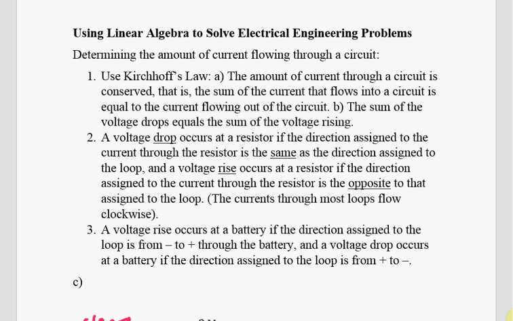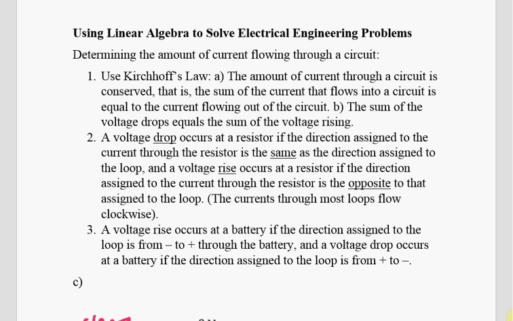Come back here to number 2, the voltage drop, that means negative, occurs at a resistor if the direction assigned to the current through the resistor is the same as the direction assigned to the loop, which is clockwise. If the direction assigned to the loop is the same as the direction assigned to the so-called resistor, it's a drop because it's a resistor, right?